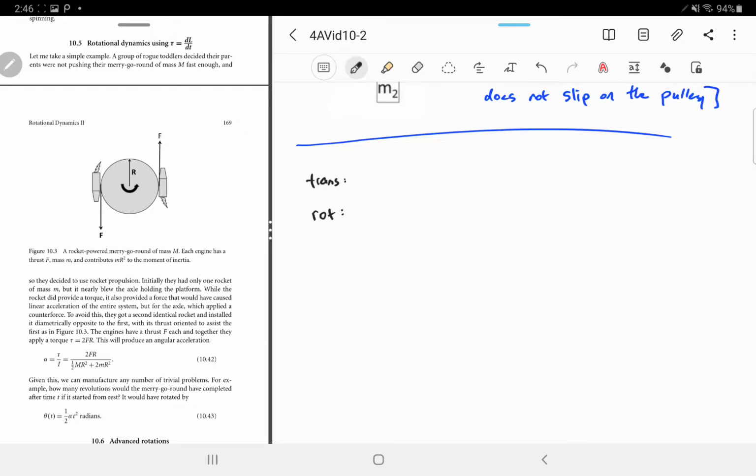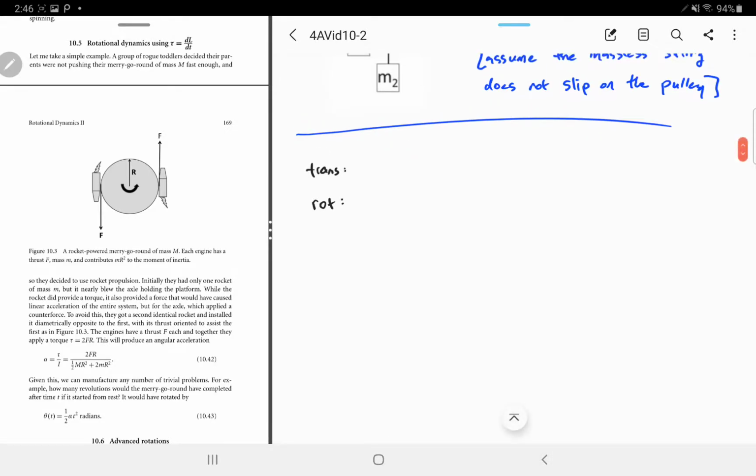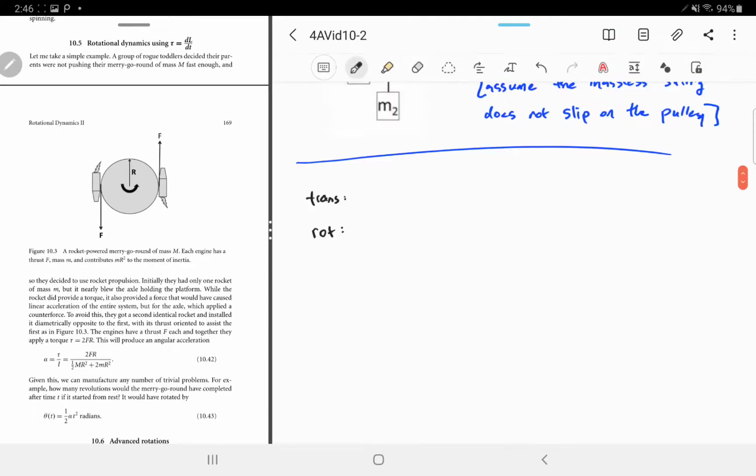As a review, what we said before was that the sum of the forces is equal to dp/dt. You could write the momentum as mass times velocity, take out a mass, m times a. And we use sum of the forces equals mass times acceleration a bunch.